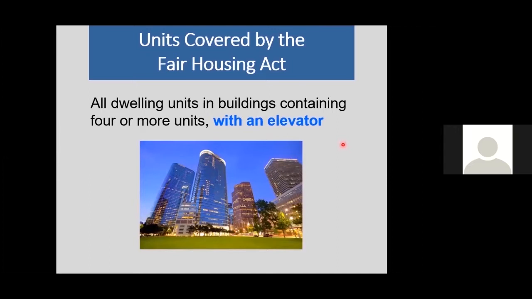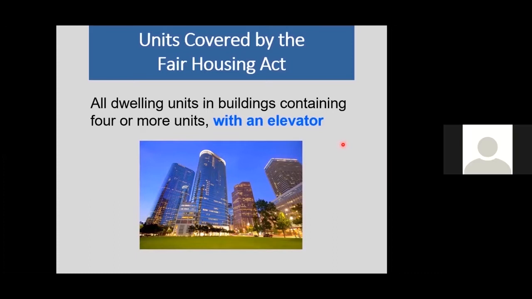What are these buildings? What is a covered multifamily dwelling? It is a building with 4 or more dwelling units. Full stop, that's it. If it's a building and it has 4 or more dwelling units in it, we need to consider it a covered multifamily dwelling for purposes of the Fair Housing Act.